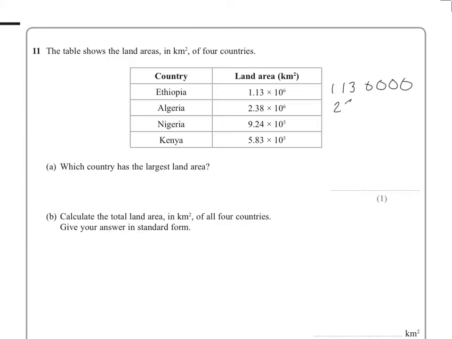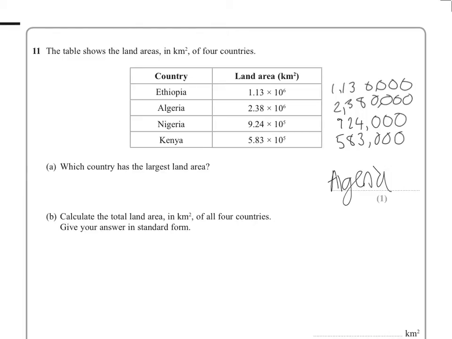Again, moving the decimal point 6 spaces. So the land area of Ethiopia is 1,130,000. Algeria, 2,380,000. Nigeria, 924,000. Kenya, 583,000. So the largest land area is Algeria.